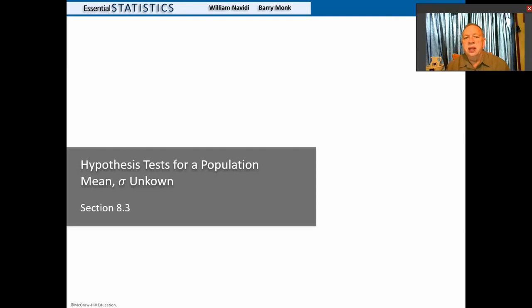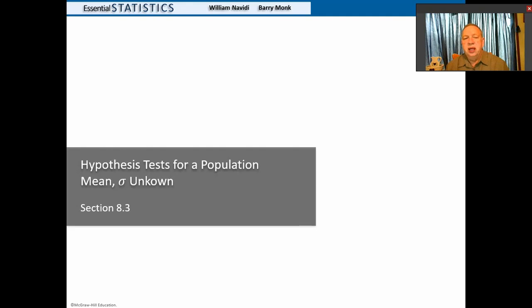I make a claim, and then I do a hypothesis test using as much information as I had. I had no reason to believe that the population standard deviation had changed. If there's anything I know about the population, I should use it. In this section, 8.3, we don't know what sigma is.